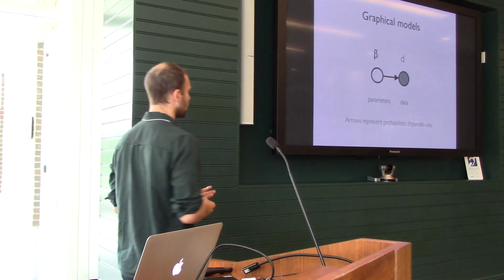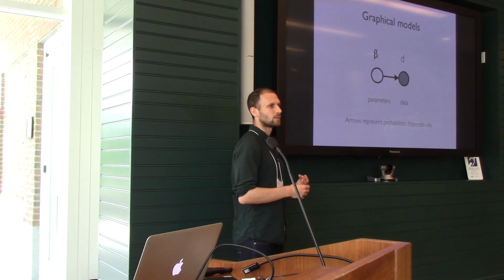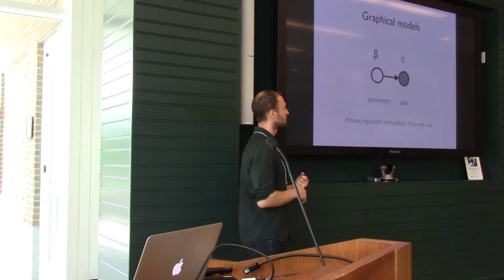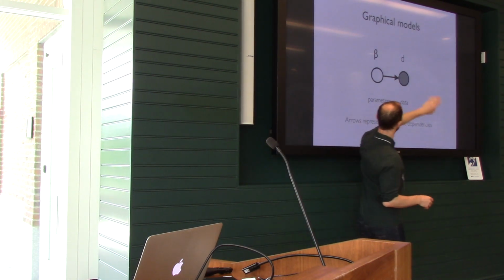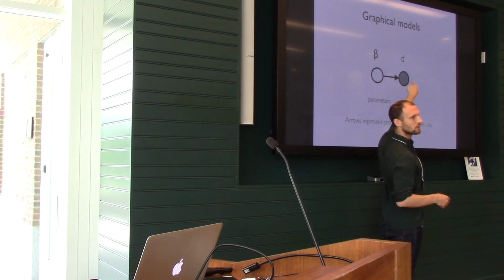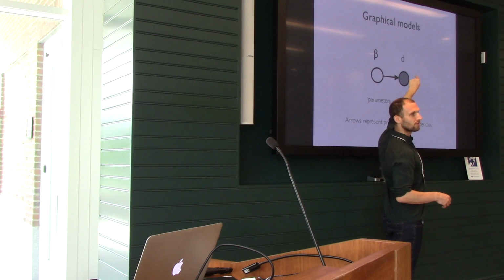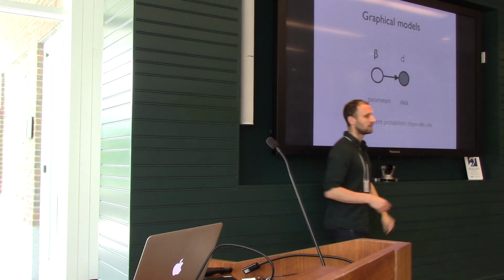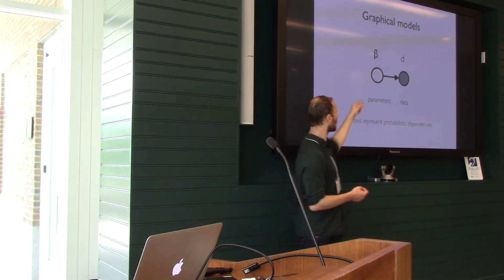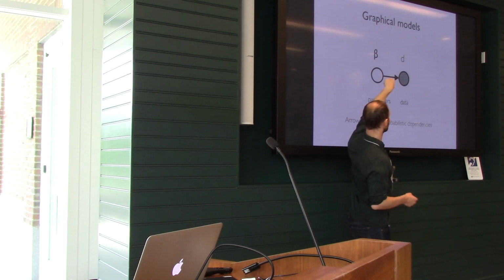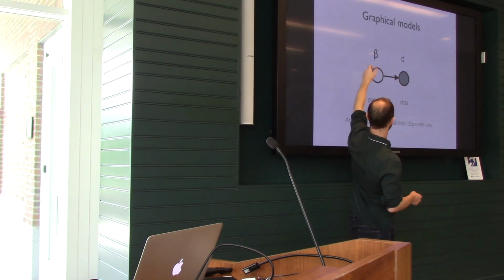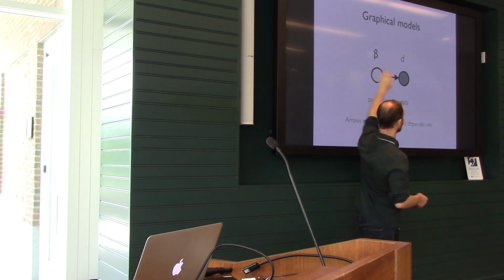And one useful way to represent this is in terms of a graphical model, and you've probably seen this before. Each of these nodes corresponds to a variable, and the shaded nodes correspond to observed variables, and the unshaded nodes correspond to unobserved or latent variables, and the arrows represent probabilistic dependencies. So the way to read this is that I have some parameters that generate my data.